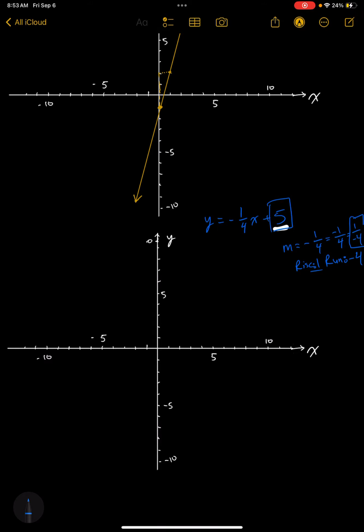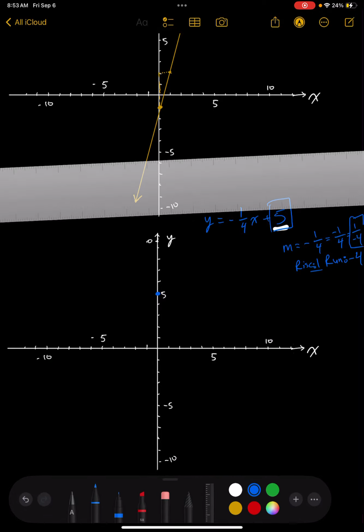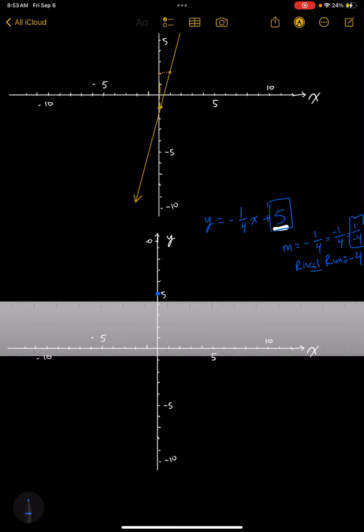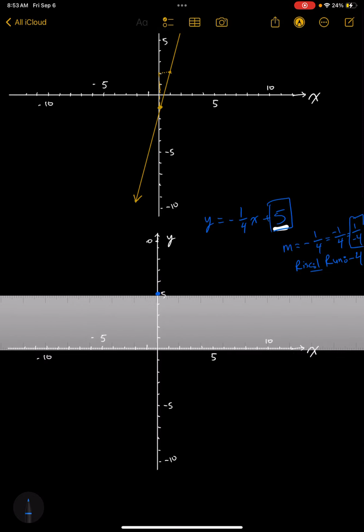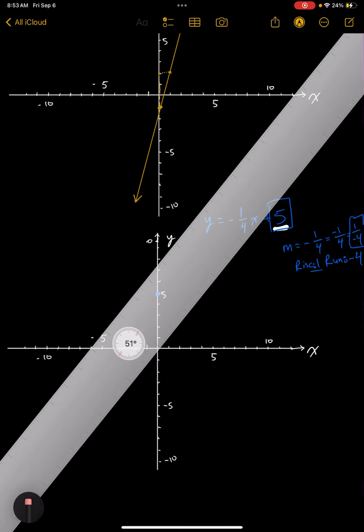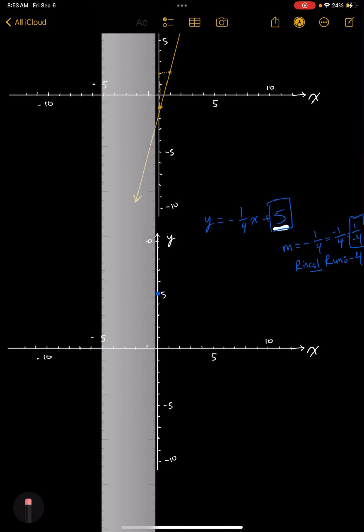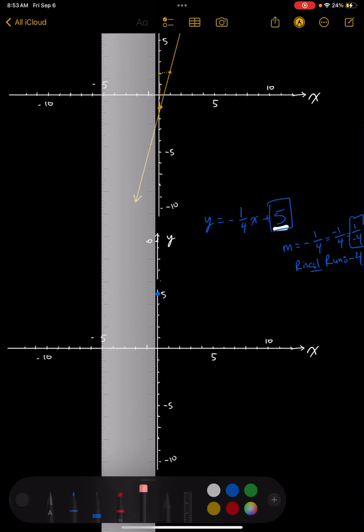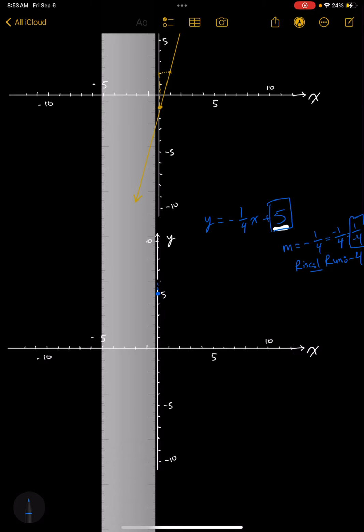So we have the y-intercept is plus 5 over there. And then we use our ruler right here to go rise 1 and run minus 4. So the rise is 1. Go up by 1.